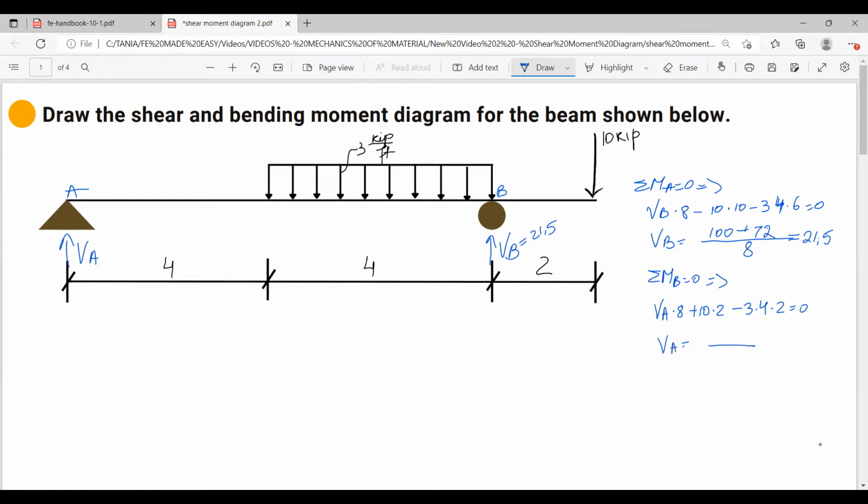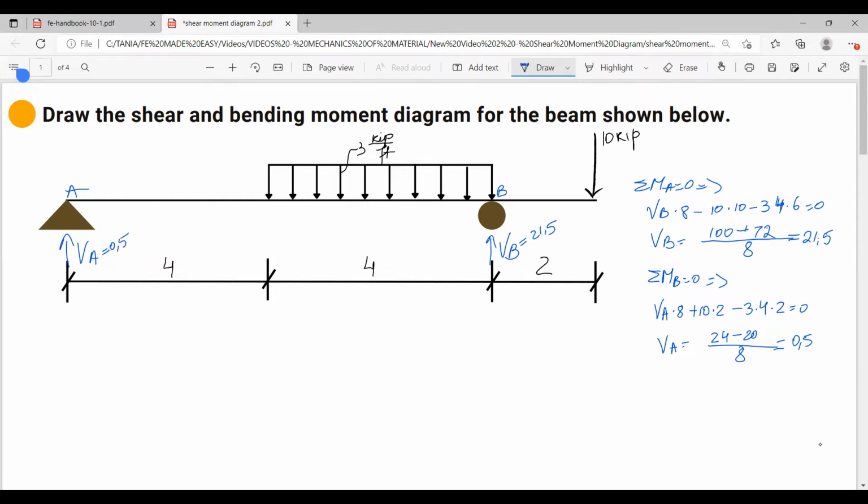VA equals to, I'm going to have 8 VA equals 24 minus 20, and I will have VA equals to 0.5 kips.